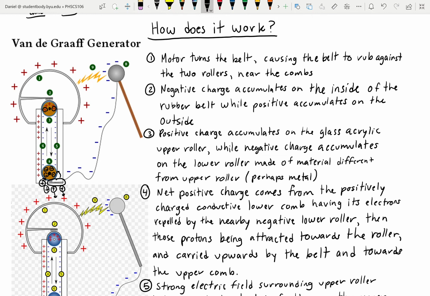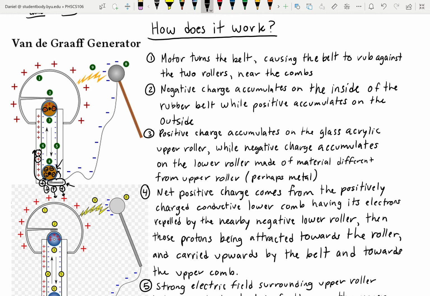And what happens is, as they travel up to meet with these electrons, they are caught by the belt and taken up towards the upper roller because the belt is separating the lower roller and that lower comb.